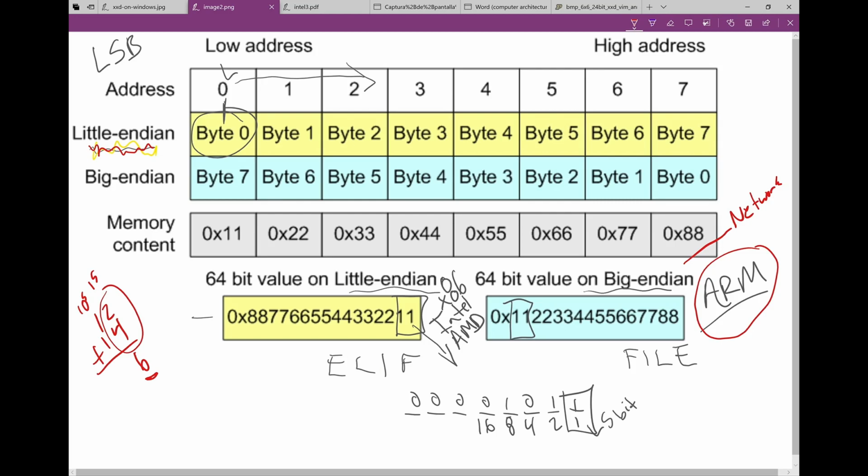So right here, this is the x86 style. This value, if it's stored in memory, we would have this part right here at the lowest address. But if we're using big endian, that is switched. If this word file is being stored in big endian style, it would make sense like that.